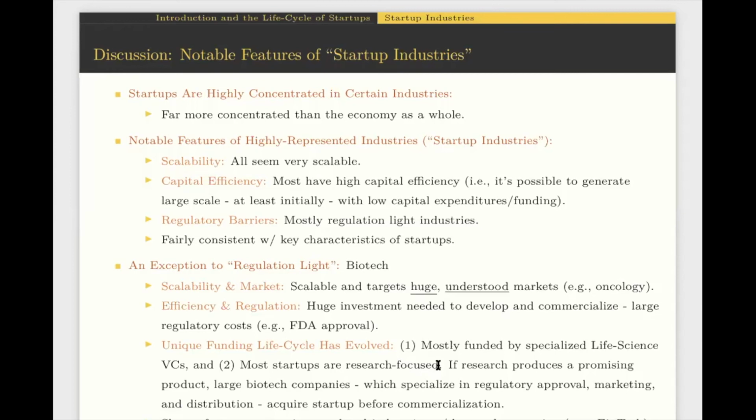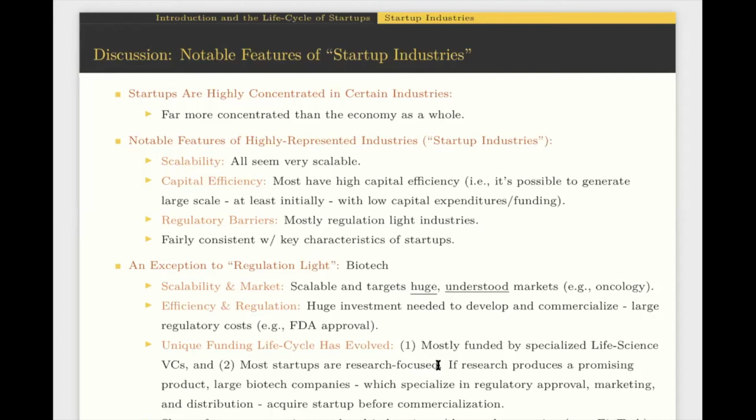Because in some sense, if you think about what's left after resolving product uncertainty with a biotech startup, things like going to market, right, if you're a small research-focused startup, you would have to invest a lot of resources in order to develop distribution channels and stuff like that. Large biotech companies have already done that, right?